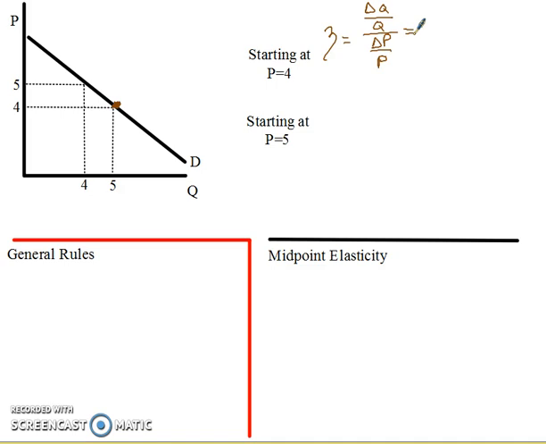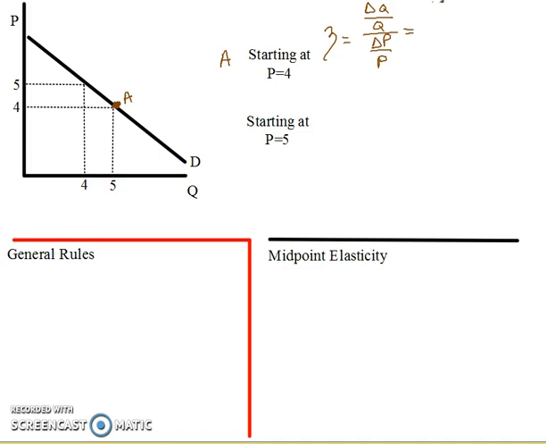So the change in quantity as we go from here to here, and let's just label this. I'm going to call this point A. So we're starting here at price equals 4, which is point A. When we move from here to here, when the price goes from $4 to $5, the quantity is going to change by 1. So I'm going to record that here.